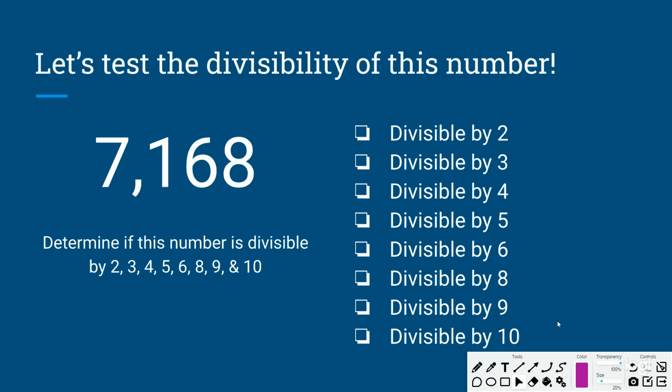The next one is a bigger number. It is 7,168. Is this number divisible by 2? Since the last number is an even number, I know that it is divisible by 2. If I add up all of these numbers, 7 plus 1 plus 6 plus 8, that equals 22. And 22 is not divisible by 3.